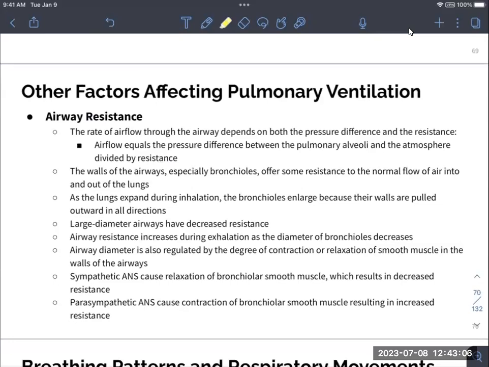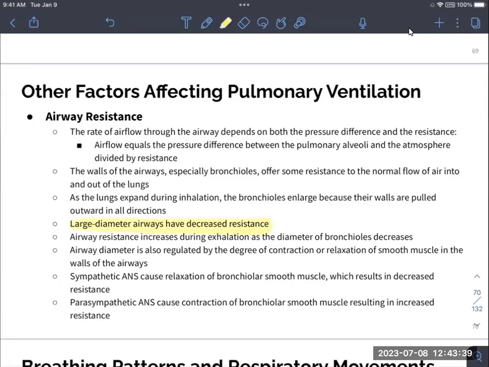So the rate that the air is flowing through those airways, the size of the airways, this is all going to play a role. The larger the diameter of those airways, they have a decreased resistance, meaning air is going to go in very easily. When you're exercising, your sympathetic nervous system is in charge more.